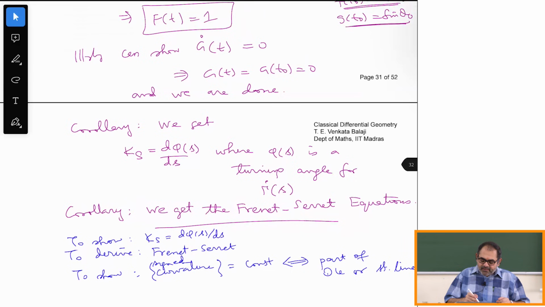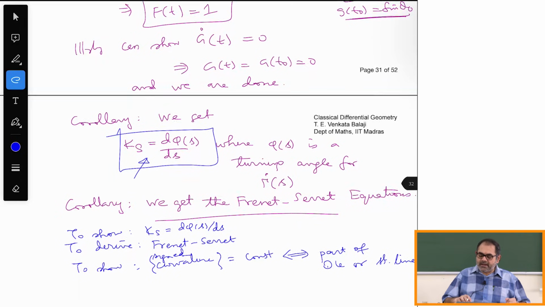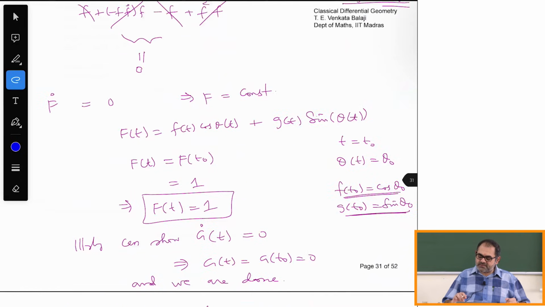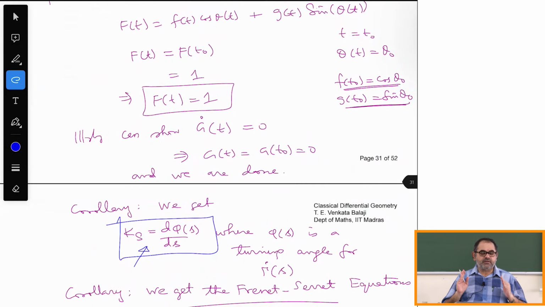But I told you the big deal is to understand that this business of bringing a turning angle into the picture gives you the signed curvature. What I told you last time was, what is it that you're trying to do? You're looking at the tangent vector and you want to record the change of its direction.